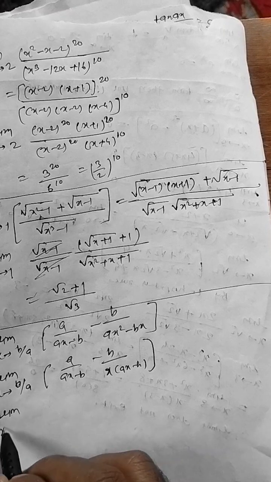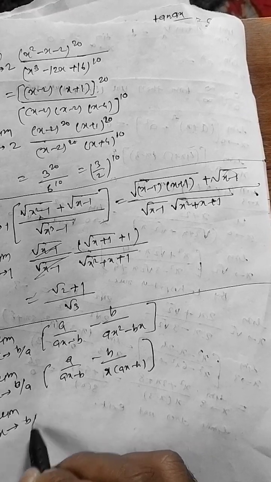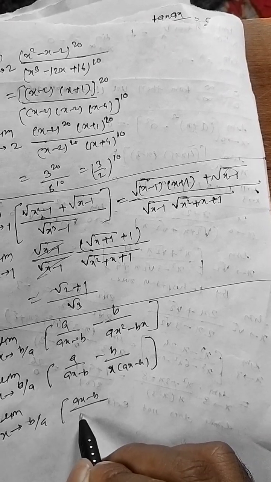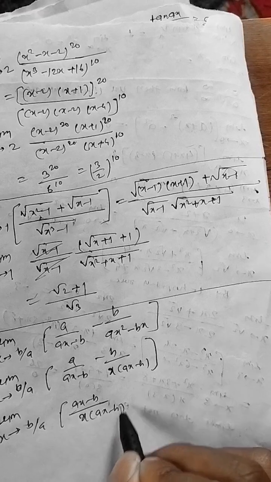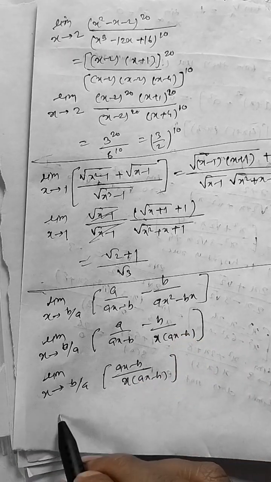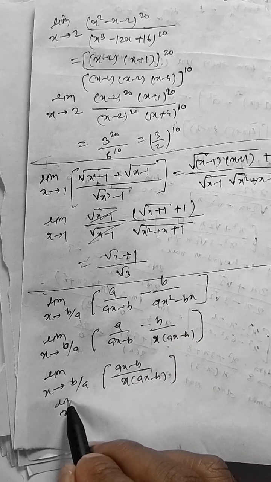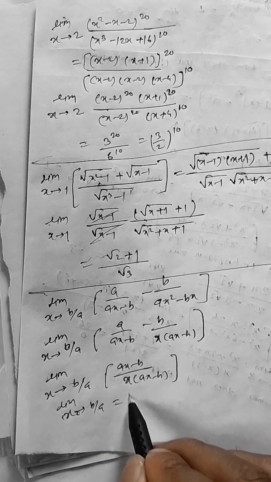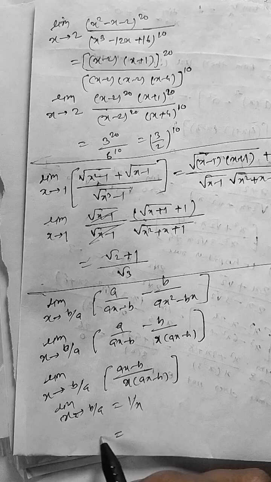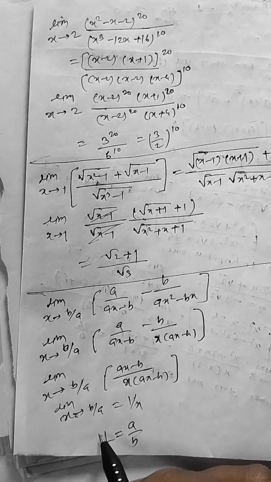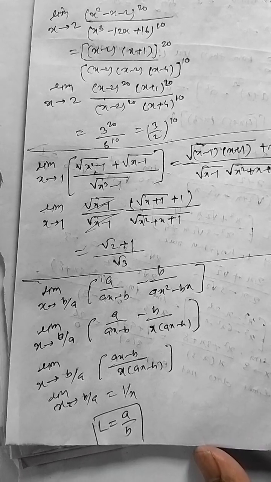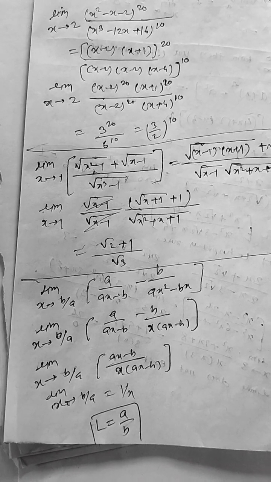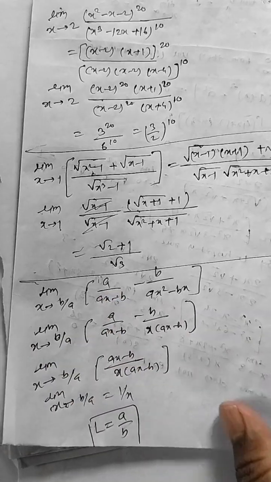So limit x tends to b by a of (ax minus b) upon x (ax minus b). Limit x tends to b by a of 1 by x, which is equal to a by b.